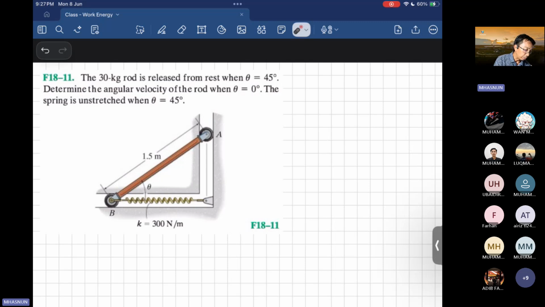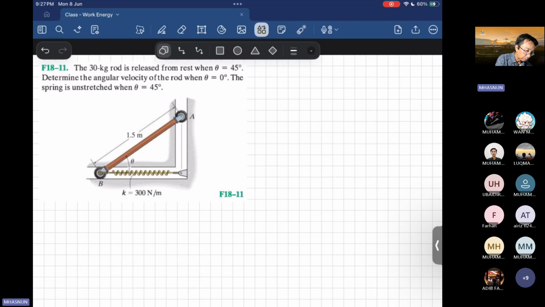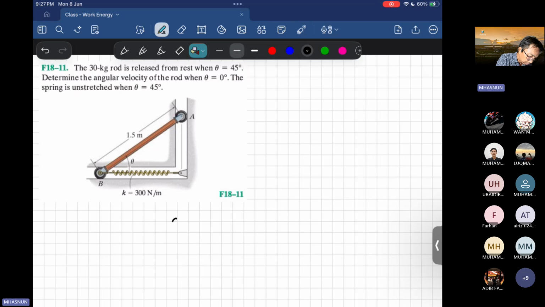Now what we need is to first draw the position of the spring. First we draw the initial position. Let's draw a circle like this, and we have the rod like this. This is the initial position of the rod. This is point A, and this is point B. At this position, the spring is like this, unstretched.